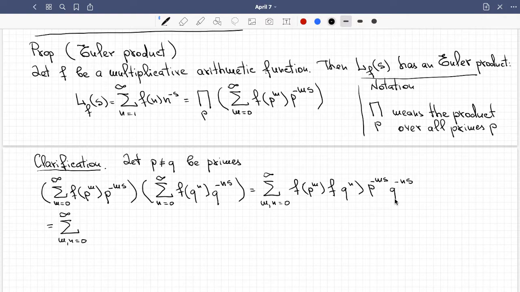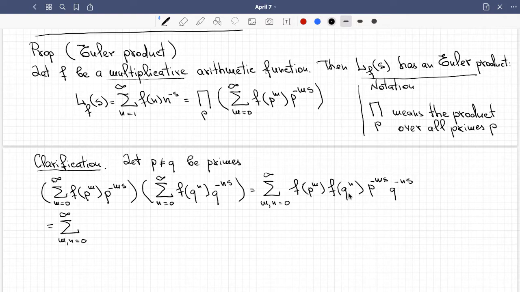So we took two different primes, and this is a series with p, while this is a series with q. Now, f of p to the m times f of q to the n. We assumed that f is multiplicative.